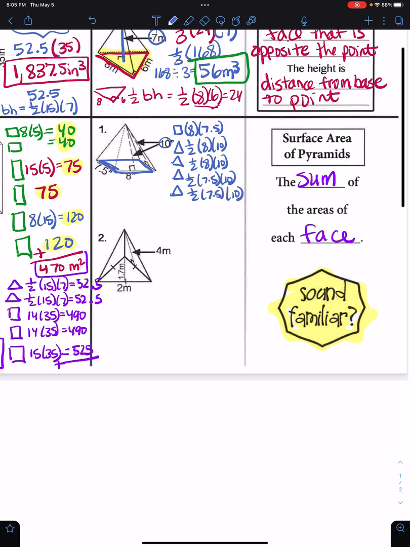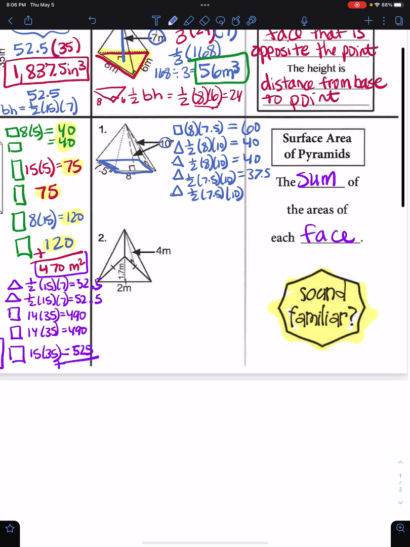So the rectangular base is 8 times 7.5, and that is 60. The triangles that have a base of 8 are going to be 40, because half of 8 is 4. All right, so 40. And then we have 7.5 times 10, and we're taking half of that. So the other ones are 37.5.